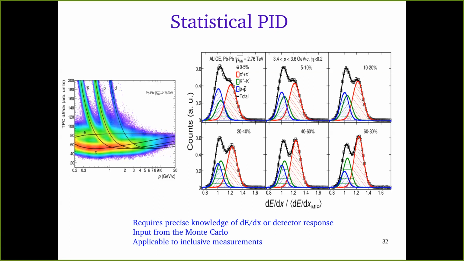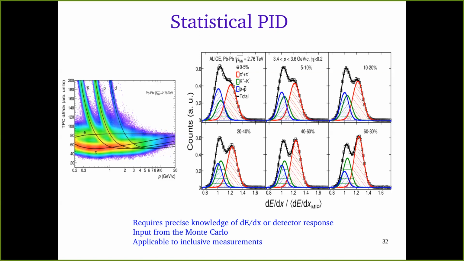And once you have done the best fit, then from these individual fitting components, you can extract, if you have a total integral, what fraction of that integral is from pion, what fraction is from kaon, and what fraction is from proton. But be very cautious, because this requires a very precise or very accurate a priori knowledge.